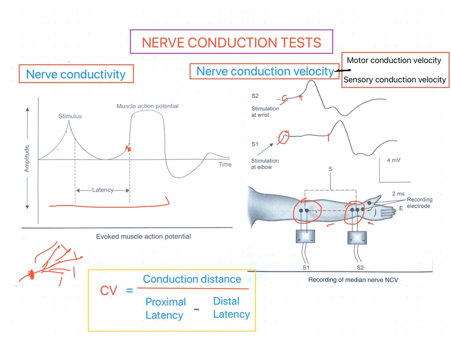Here, artifact means something observed in a scientific investigation, but actually it is not present. If you look at this graph, you can find the stimulus as a big wave, but in the actual recording it is a very small amplitude, isn't it?